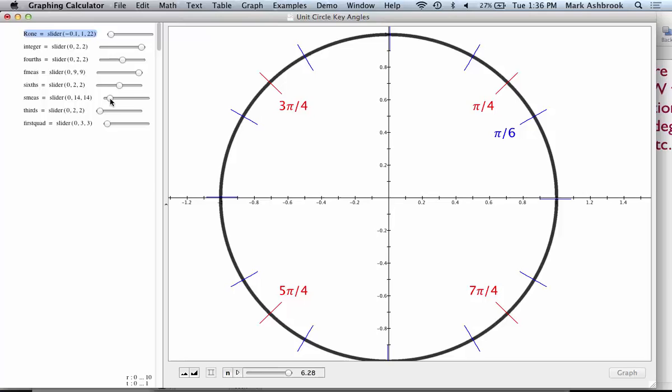So the angle that cuts off 1/6 of half of a circumference will have a measure of pi over 6 radians. Then we just count again. 1, 2, 3, 4, 5, 6, 7, 8, 9, 10, 11, and 12 pi over 6 would be our 2 pi.